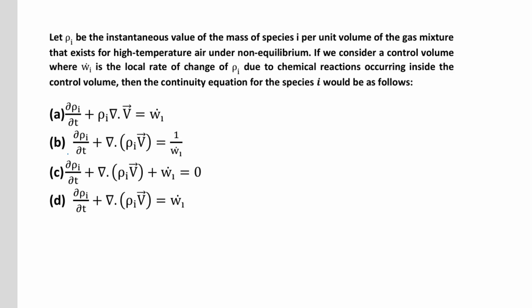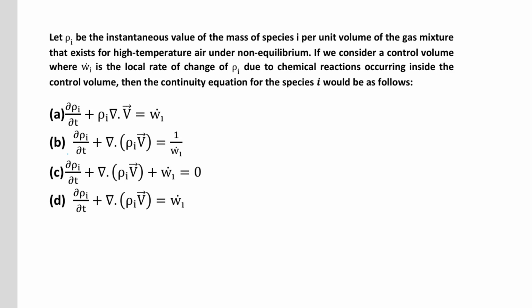If we consider a control volume where w i dot is the local rate of change of rho i due to chemical reaction occurring inside the control volume, then the continuity equation for species i would be as follows. Option A: dou rho i upon dou t plus rho i del dot v vector equal to w i dot.